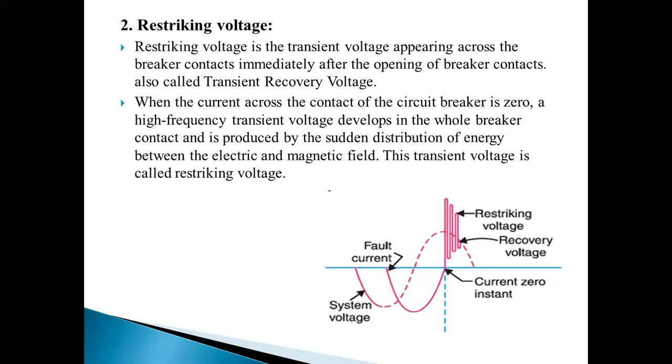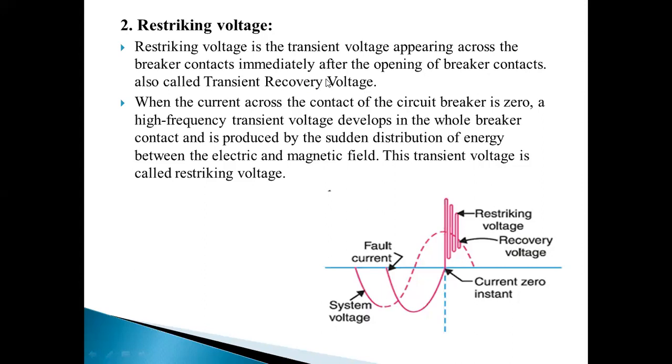At that time, whatever voltage goes to the maximum position is nothing but the restriking voltage. So this restriking voltage is the transient voltage appearing across the circuit breaker contacts.